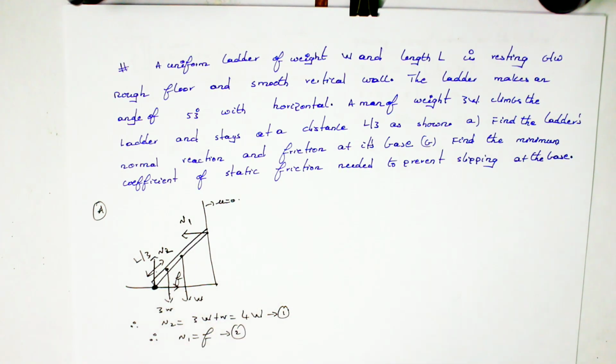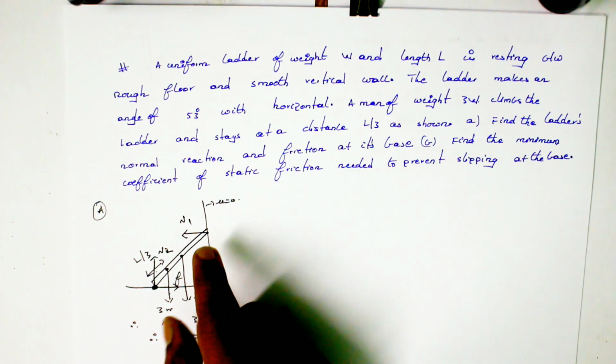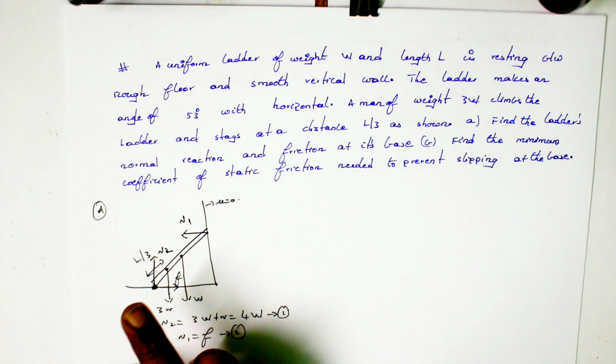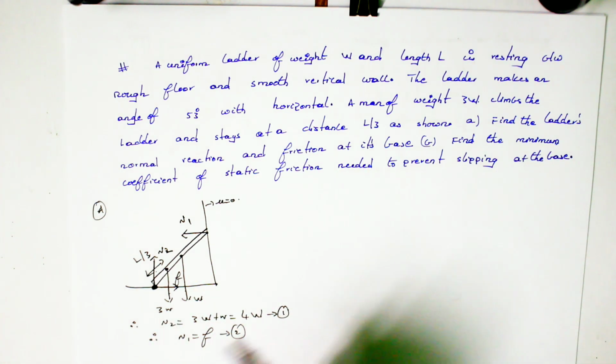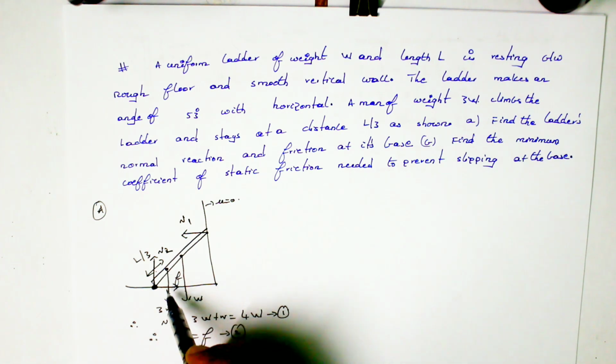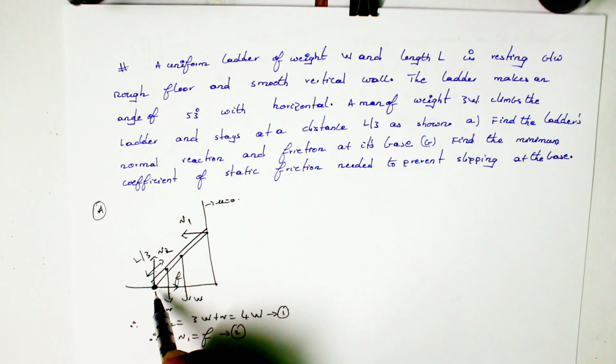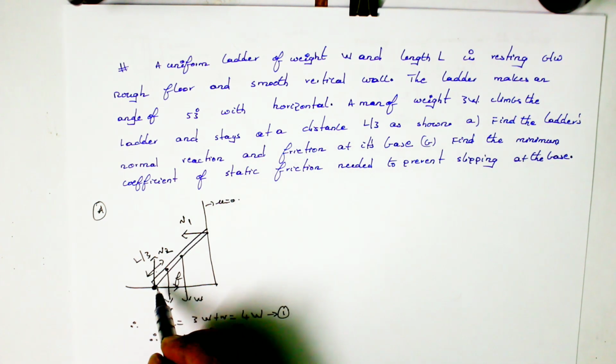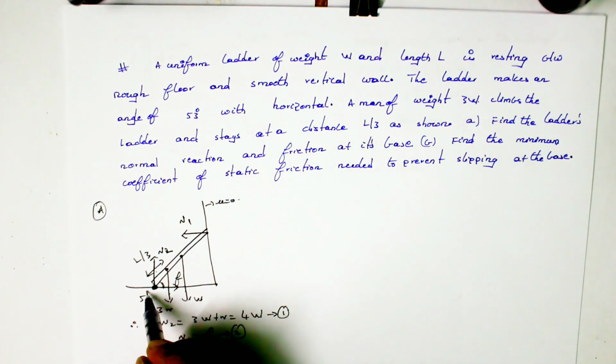Because of W and 3W, the torque is clockwise, present inside the plane of this page, and the torque due to N1 is anti-clockwise, so both torques will get cancelled. Therefore I can equate them directly. So 3W is present at a distance of L by 3 cos 53, because this angle is given as 53 degrees here.